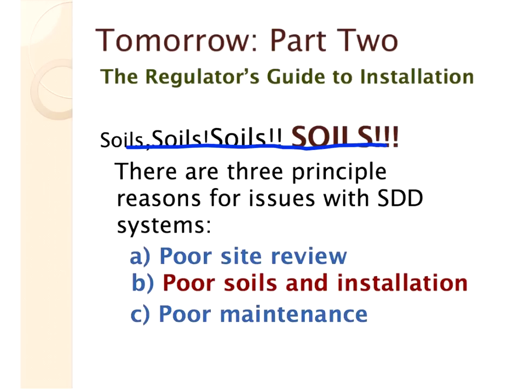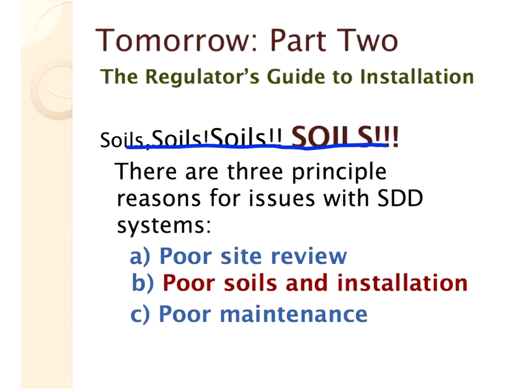Okay, the main reasons that we get failures with drip systems are poor site reviews. We have people, and I'm sure you have them, where the designers maybe slow their truck as they drive past the site before they go and design it, or maybe they don't even take their truck out of the garage.